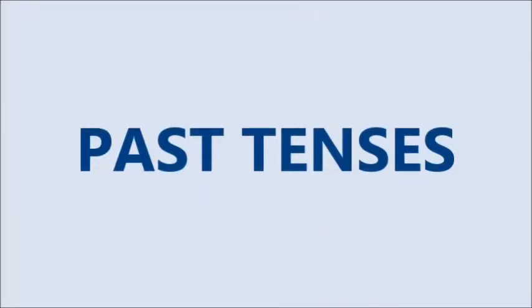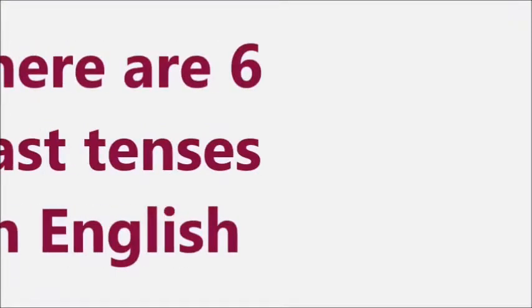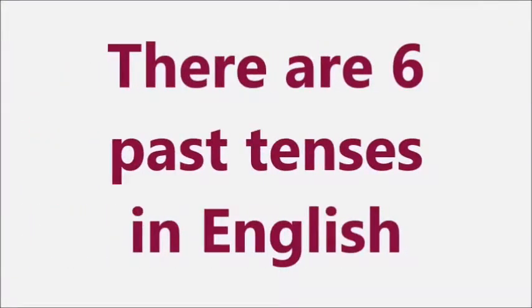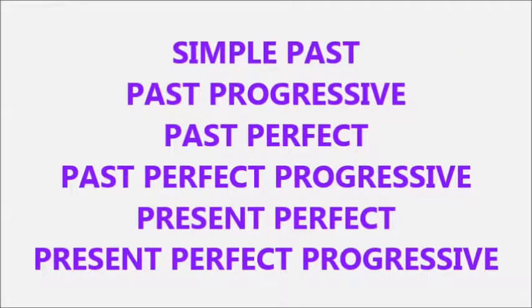So let's begin with the past tenses. There are 6 past tenses in English. We have the simple past, past progressive, past perfect, past perfect progressive, the present perfect, and the present perfect progressive.